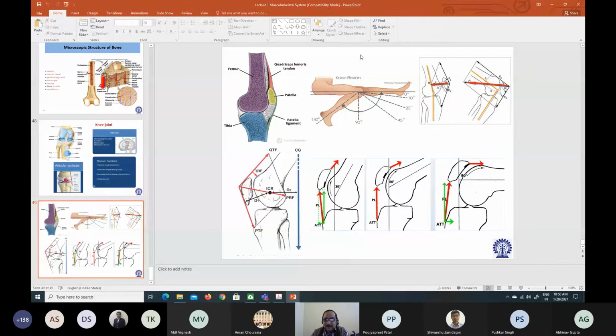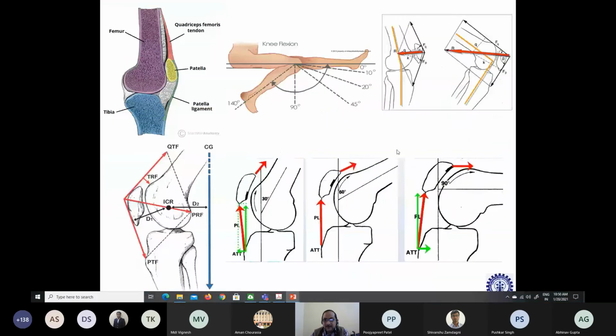Yeah. So this is the quadriceps tendon on the one side. The other side, there is this patellar ligament.